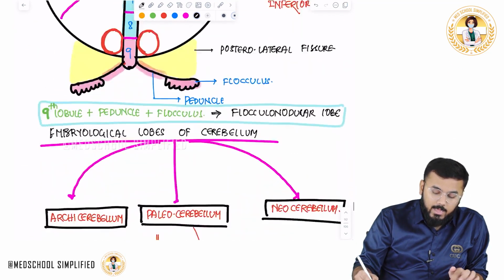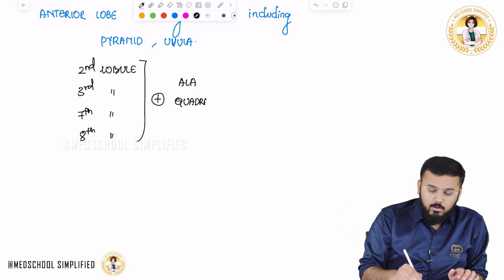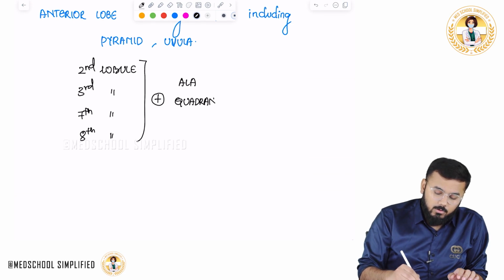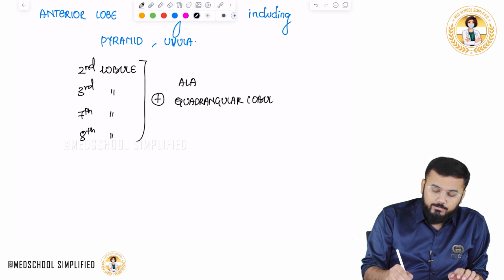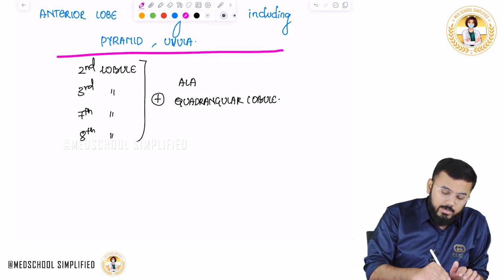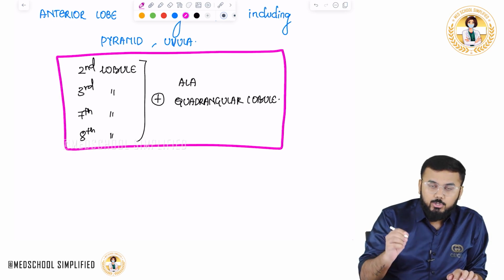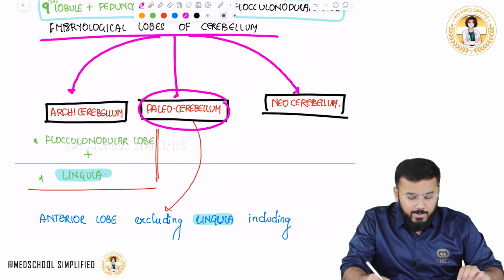One is called ala, another one is called the quadrangular lobe, quadrangular lobule of cerebellum. All these structures which I have just written over here constitute your paleocerebellum.